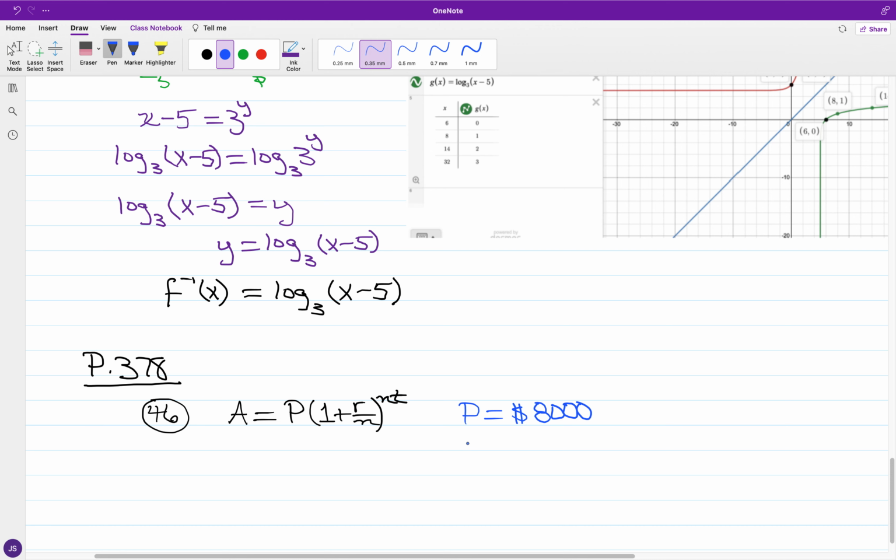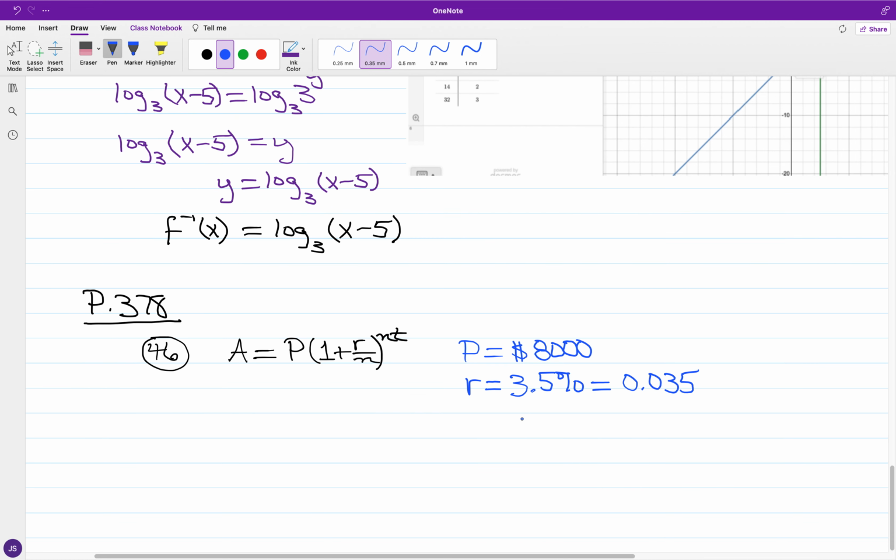And for the rate of interest, that is going to be 3.5%. And again, to be able to compute the future value, we had to convert the percentage rate into a non-percent decimal. So 3.5% becomes 0.035. And for the time span, we're looking at a 20-year plan.